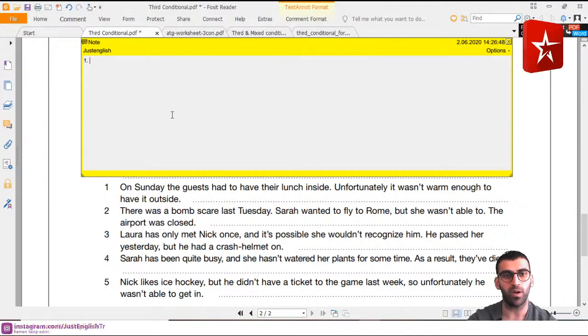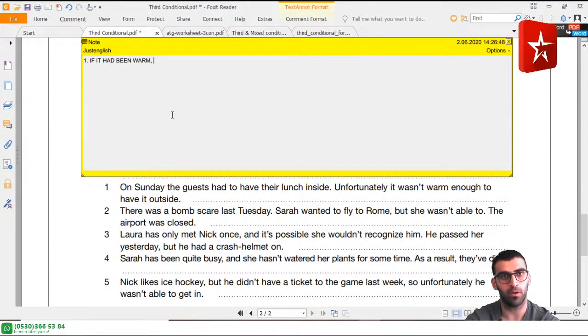So number one, on Sunday the guests had to have their lunch inside. Unfortunately, it wasn't warm enough to have it outside. Let me help you with number one, and I will try to write it on my own, and then we will continue with the rest of them. So on Sunday the guests had to have their lunch inside. Let's start with if it had been warm, and we have to use a comma if it comes at the beginning of the sentence.